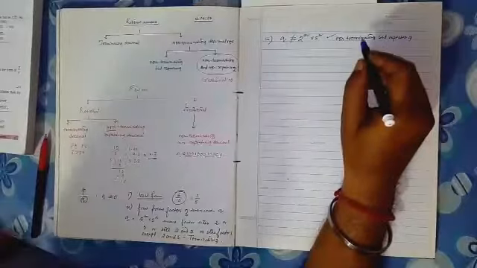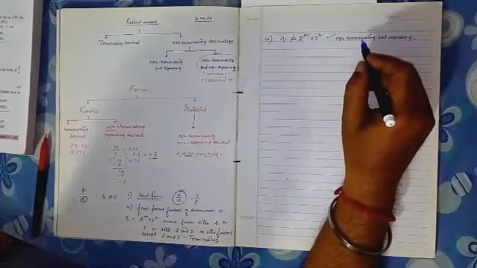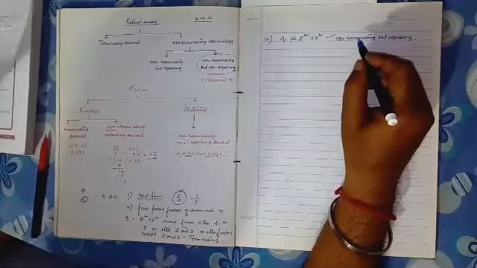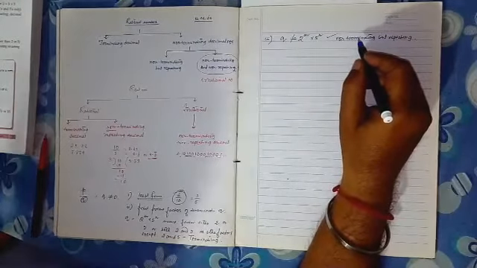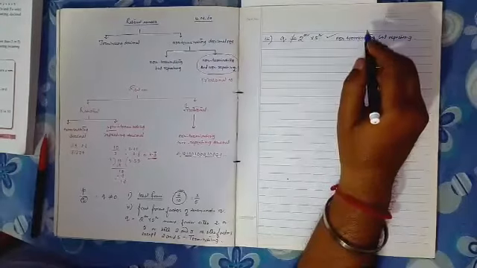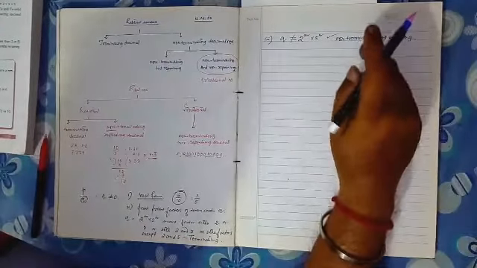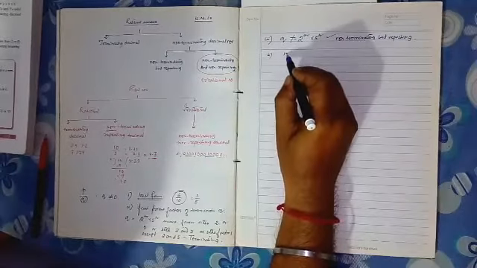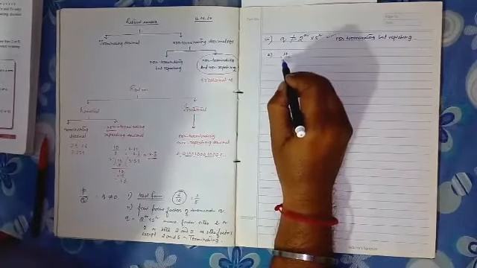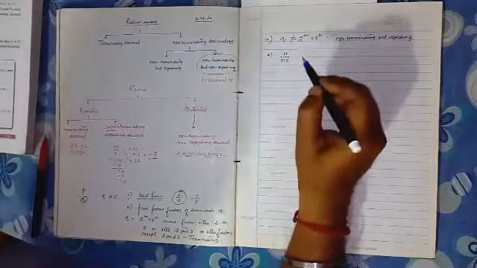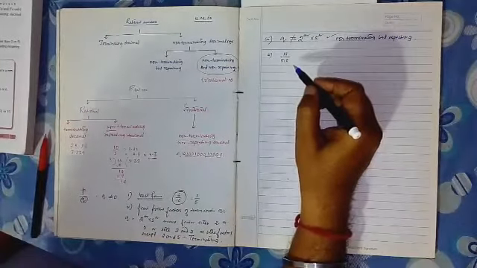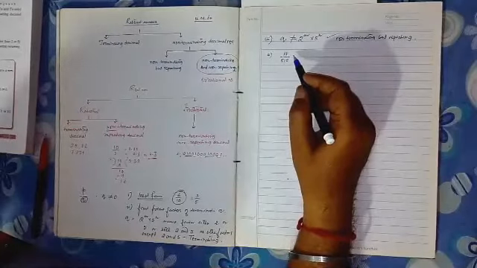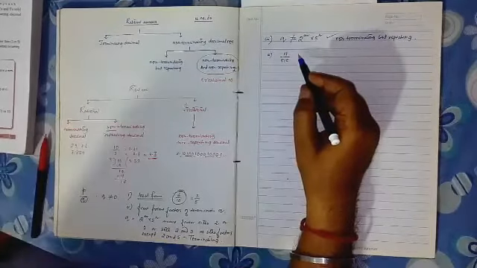Okay. Now regarding this, I am giving you examples. Say 17 by 512. Clear? 17 by 512.